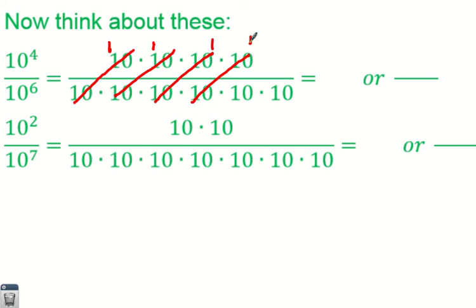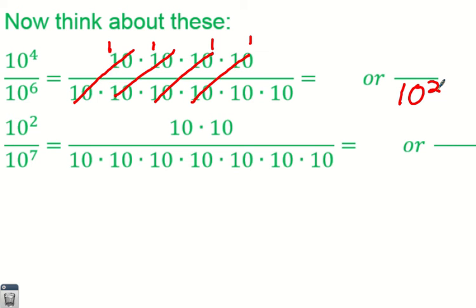So what you would get is two factors of 10 as the survivors, but they happen to be in the denominator. So you'd have a 10 squared, but in the denominator.